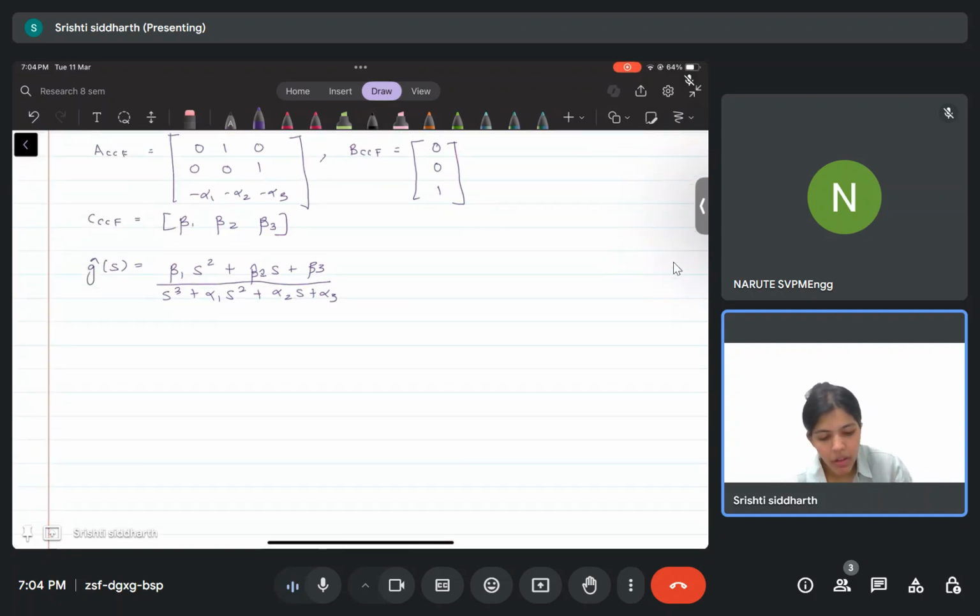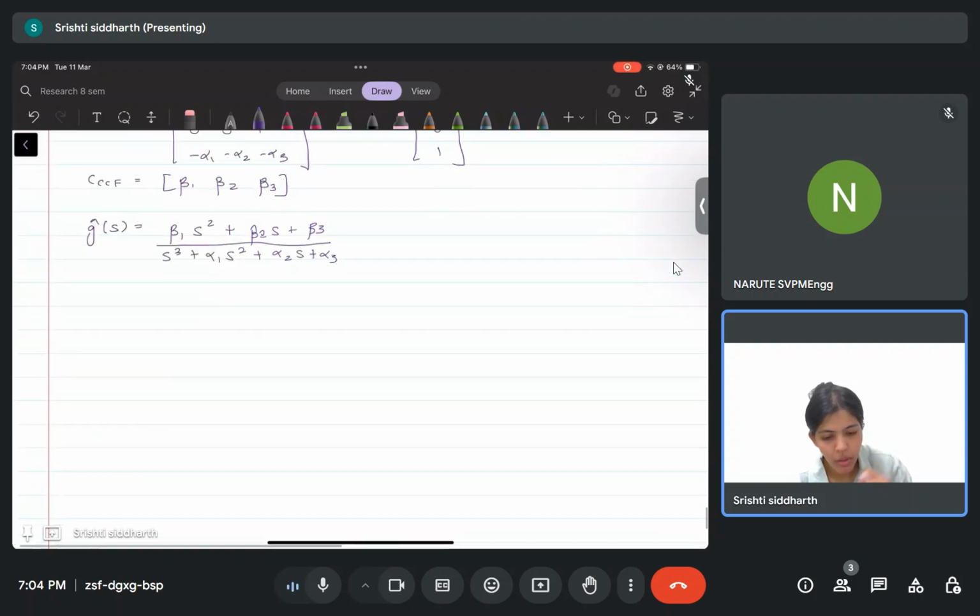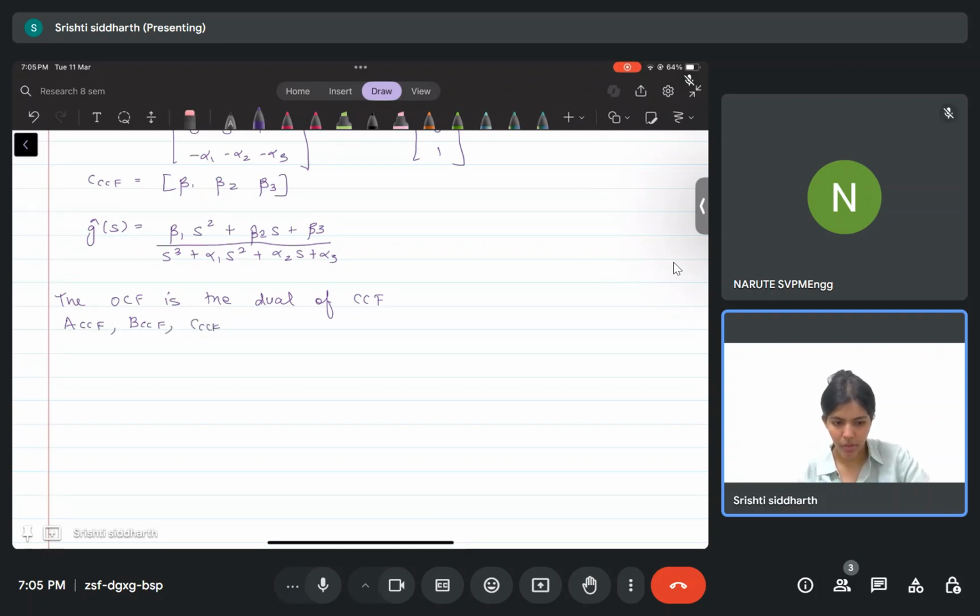Now, once we have the CCF form, we can get the OCF form very easily. So note that the observable canonical form is the dual of CCF. So what does this mean? We have the three matrices A_CCF, B_CCF, C_CCF.